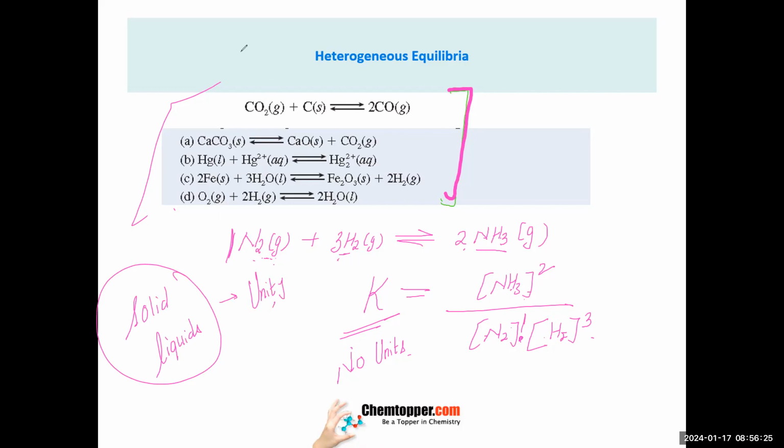Can you write down the equilibrium constant expression for this equation? Can we do that, children? Aslesha is writing K, capital K, equilibrium constant, concentration of CO raised to power 2 divided by concentration of CO2. But she did one error, and all of you are doing the same error.